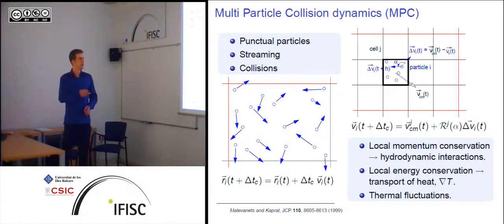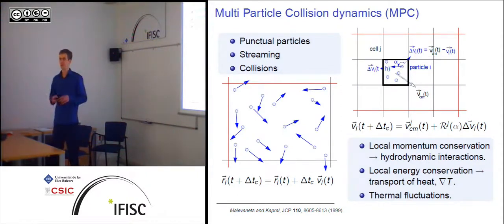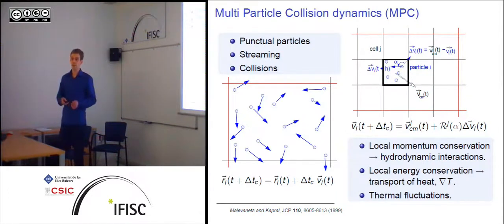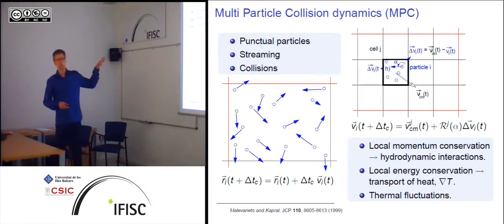So in general, this does not disturb your system. There even exist corrections for this, so you can have a version of this multi-particle collision dynamics that locally conserves the angular momentum. But it's only required in certain cases.